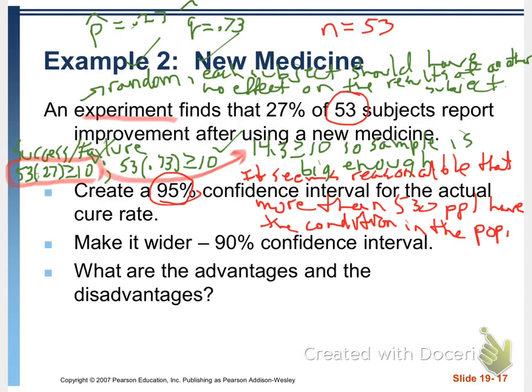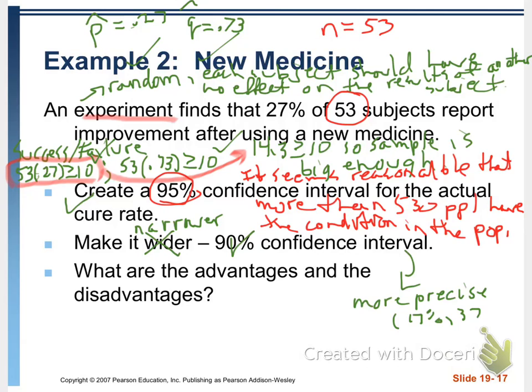Well, I just wanted to make sure we did everything, and it looks like we did, except for one thing. But I want to go back here. We created 95. We made it 90. That doesn't make it wider. That makes it narrower. And the advantage of the 90% confidence interval is that it's more precise, because we know it's between 17% and 37%.